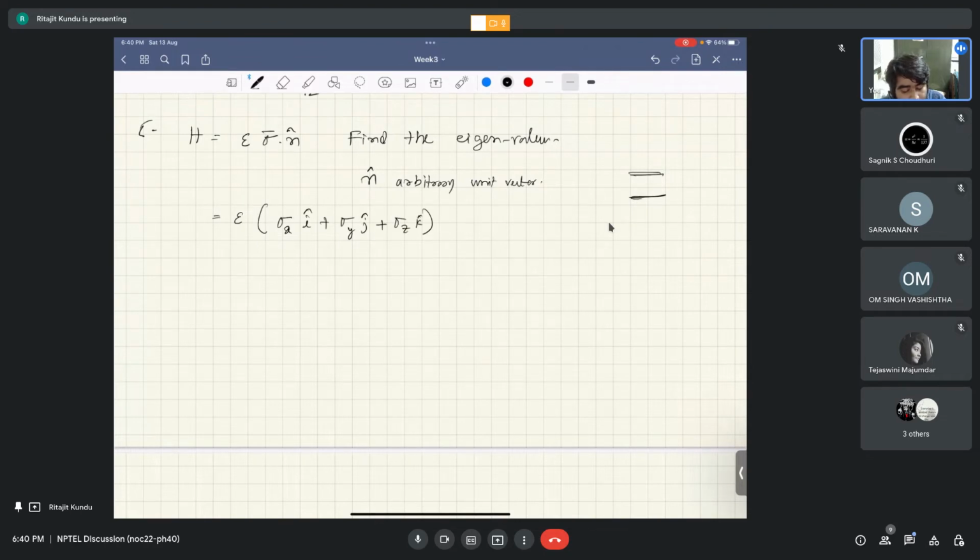Okay, and for the n cap, let's think in terms of polar coordinates. How can you write this n cap? Let's write the n cap properly.